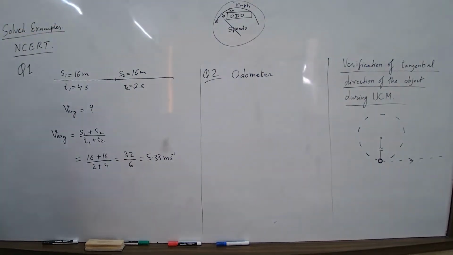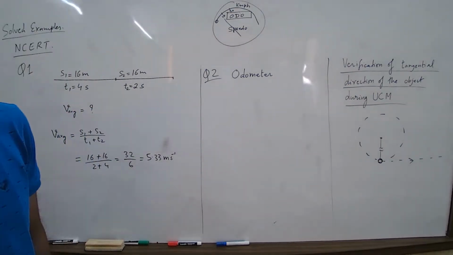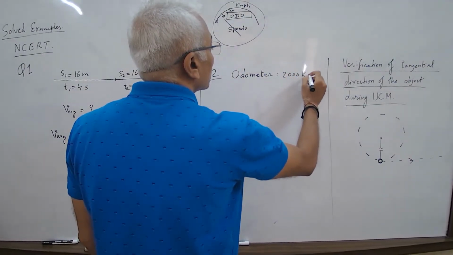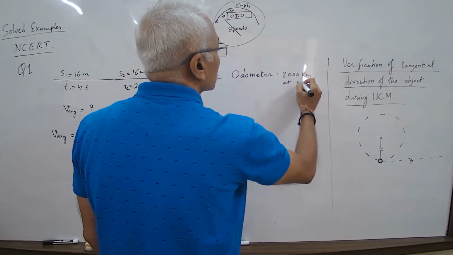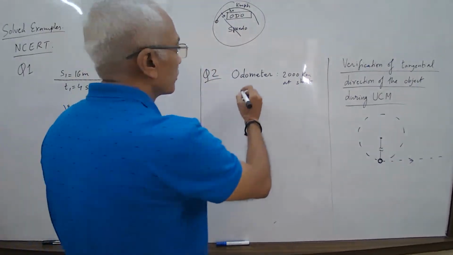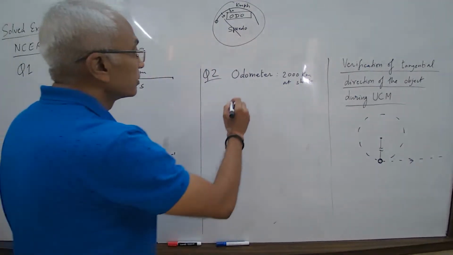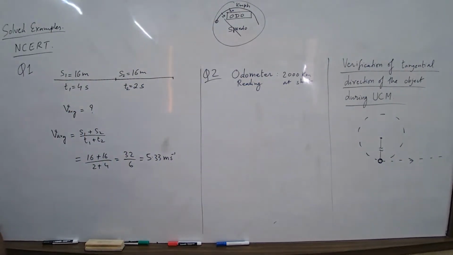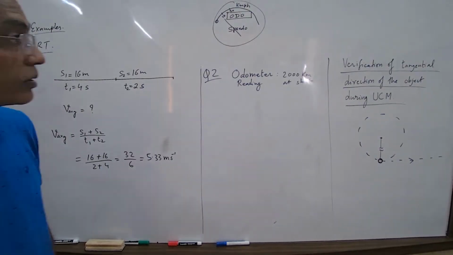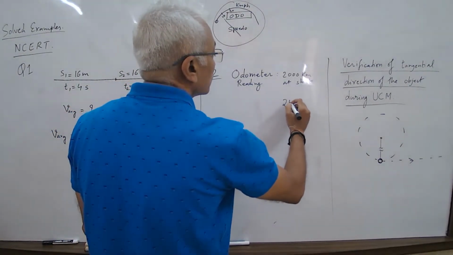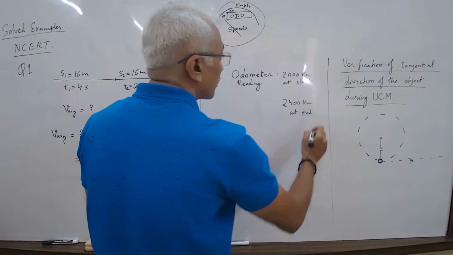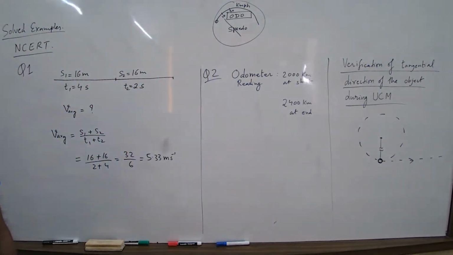So what it says is the odometer of the car reads 2000 kilometers at the start of a trip, and 2004 kilometers at the end of the trip.